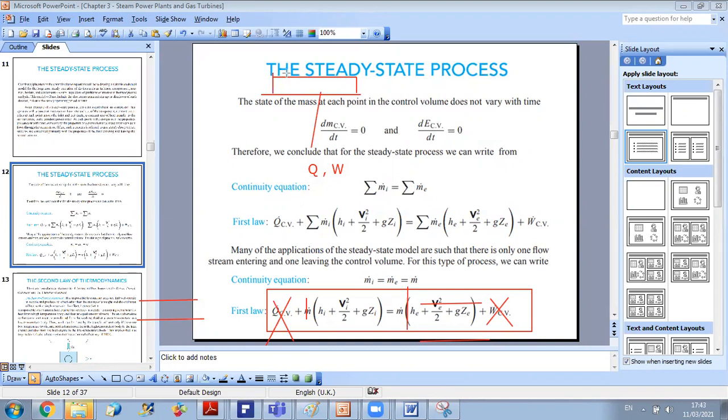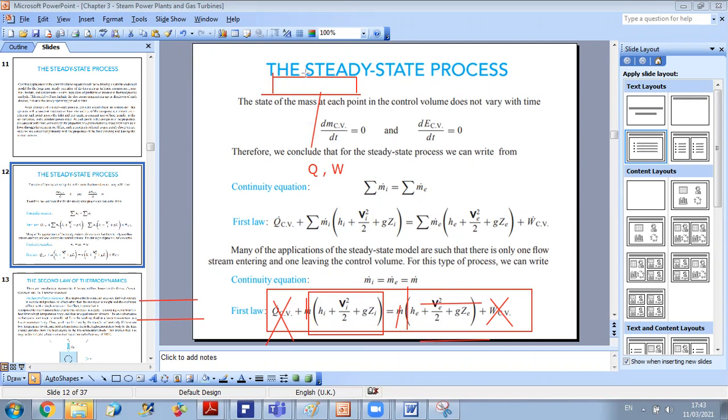M dot can be simplified also from both terms. So I end up with the following. I end up with, at the inlet state, h inlet plus V inlet square over 2 plus g z inlet equals h exit plus V exit square over 2 plus g z exit.